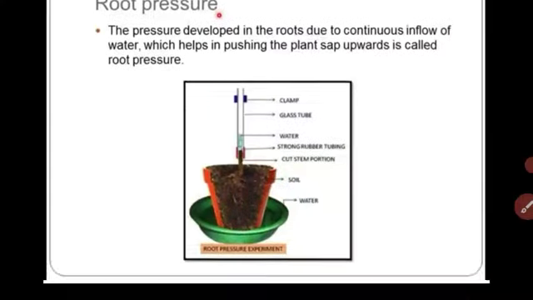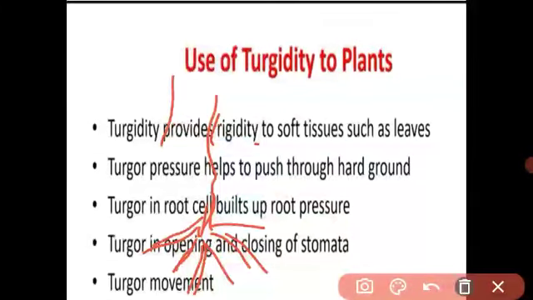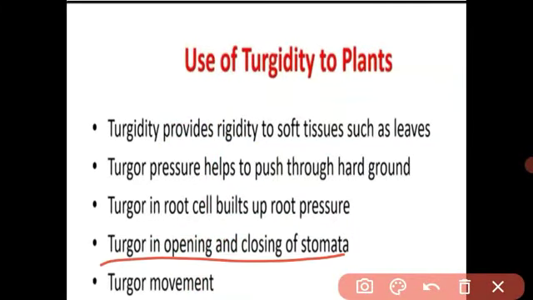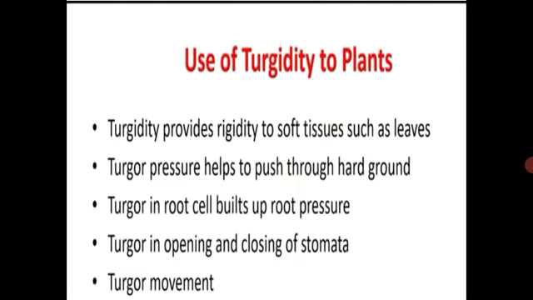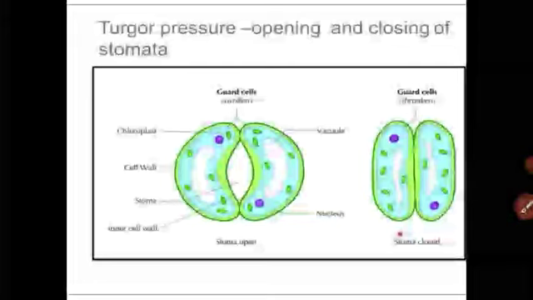Understood? Next point is the turgidity. Turgor also helps in opening and closing of stomata. In photosynthesis, we have seen how the stomata open and close.